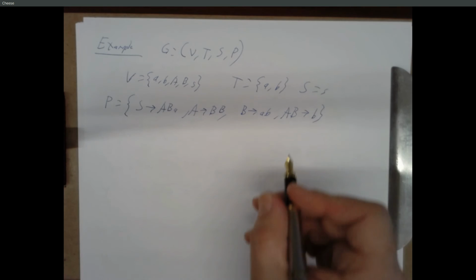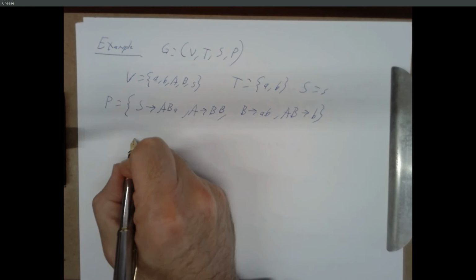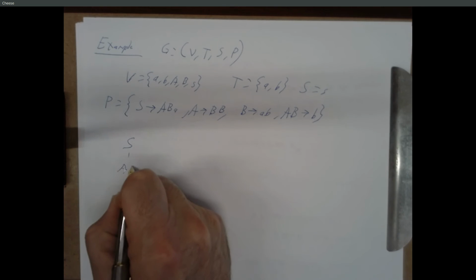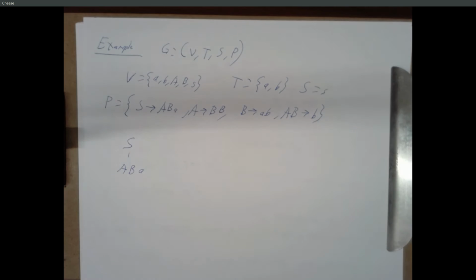So here's what we can do. We can start with the start symbol S. And there's a production rule which says S can be replaced with capital A, capital B, little a.